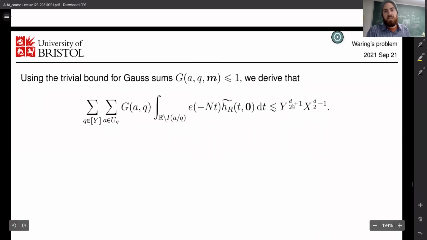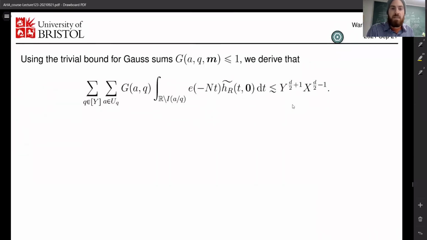So nothing fancy there. But we've got to sum this up over all the possible major arcs. And to do that, we have to actually use the Gauss sums. I made the mistake of, this should be g of aq at 0. Now, using the trivial bound for the Gauss sums, I'm not even using the improved bound I got from Weyl. Just using the trivial bound, we obtain a bound of this shape, because each of these was of size at most q times x to the d over 2 minus 1.